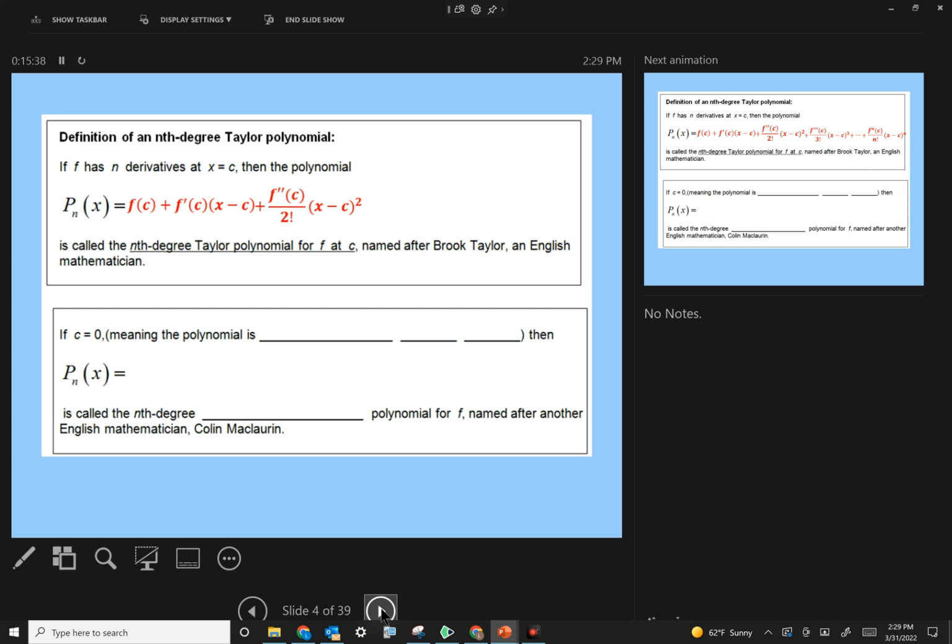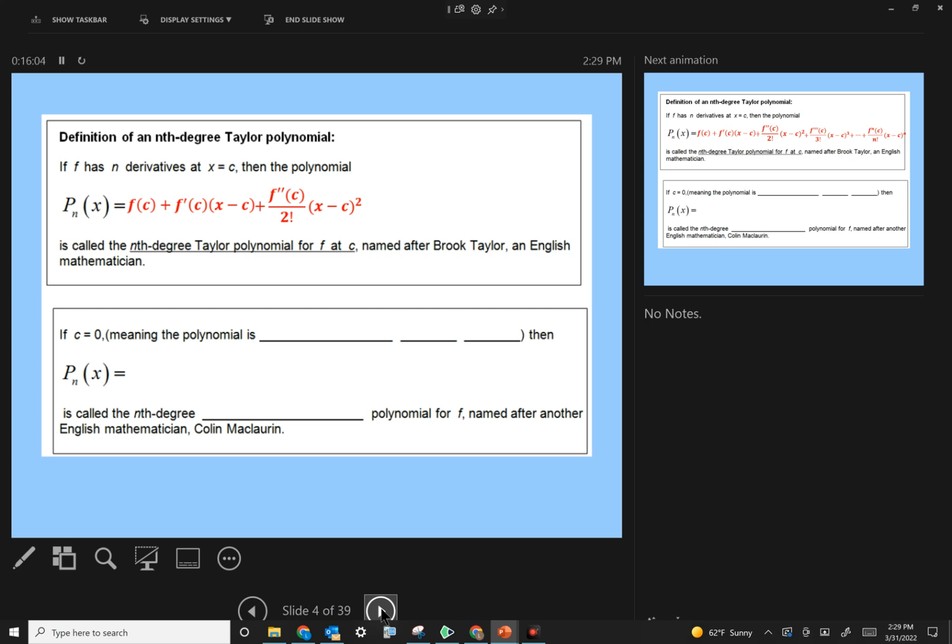Here's the pattern. If I want to extend it to higher degrees, the pattern is that you have the next derivative over the next factorial. I don't know if this is helpful to you, but isn't this f prime of c kind of like the first derivative over 1 factorial?